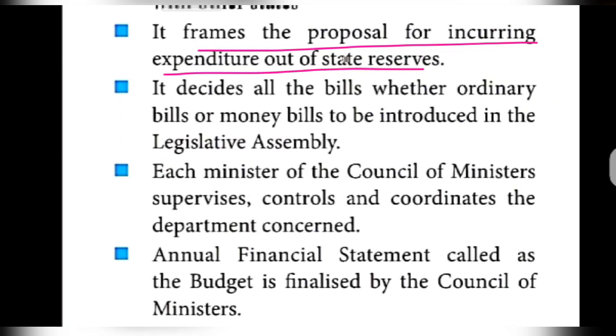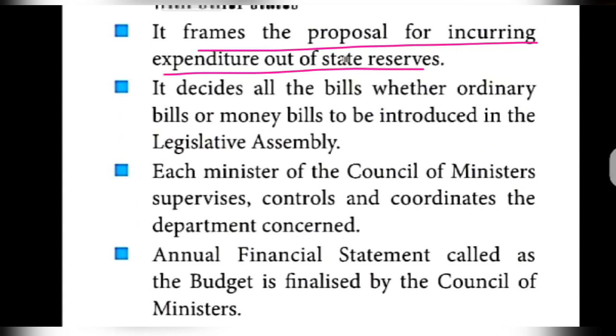How much they are spending, the expenditure, how much they are spending for the welfare of the people, for the welfare schemes, those things, they are managing. Who are managing? The Council of Ministers are managing the state expenditure.